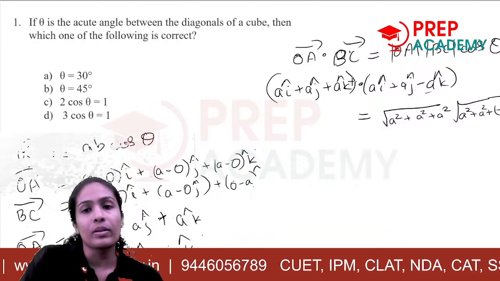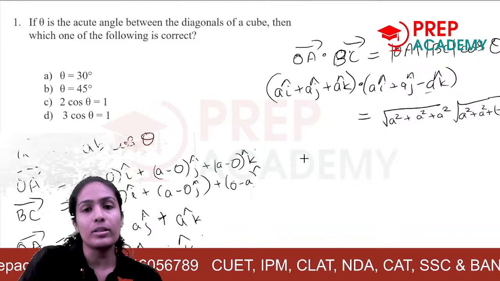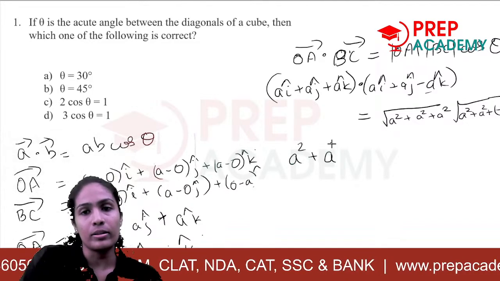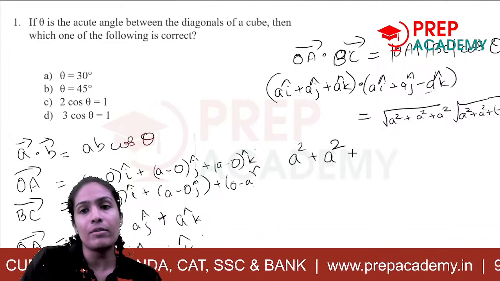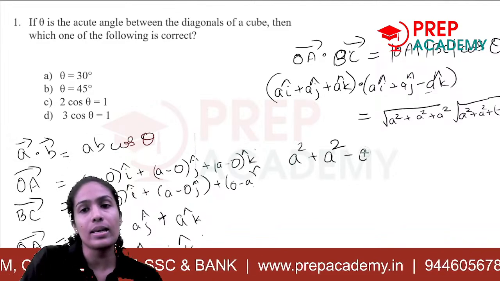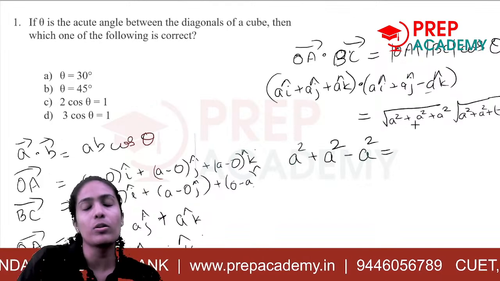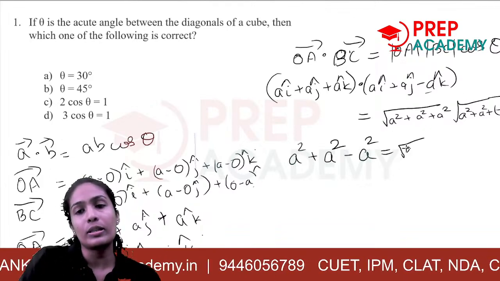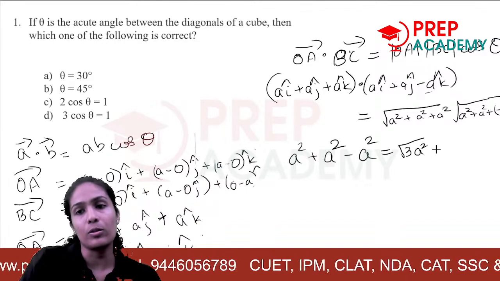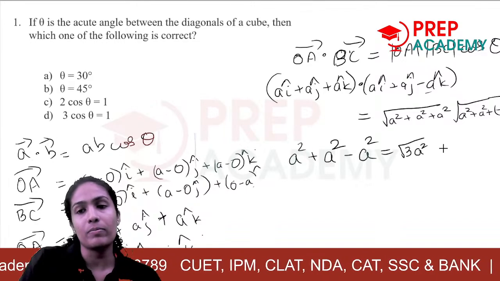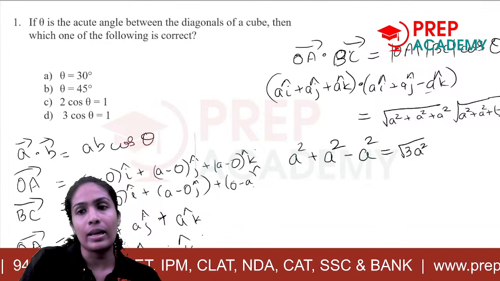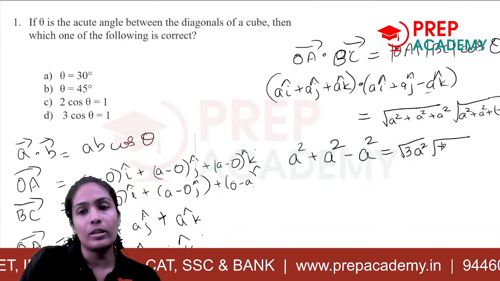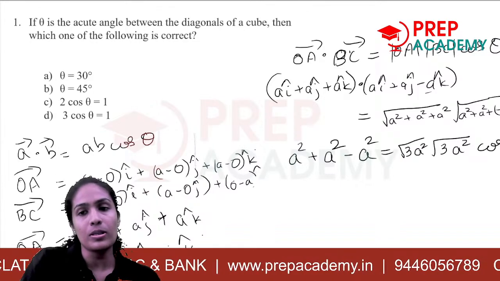So the dot product is a1 a2, that is a into a, is a square, plus b1 b2, that is a into a, is a square, plus c1 c2, that is a into minus a, is minus a square, is equal to root of a square plus a square plus a square, which is root of 3a square, into root of a square plus a square plus minus a the whole square, again root 3a square, cos theta.